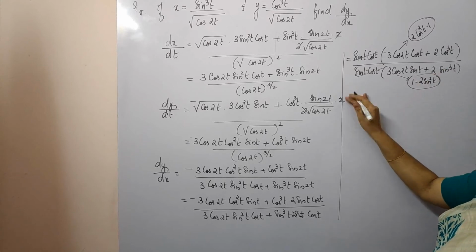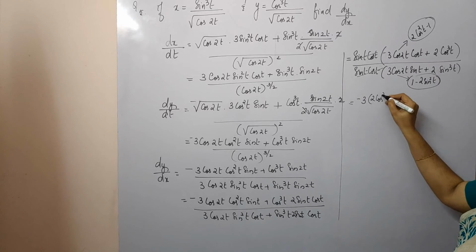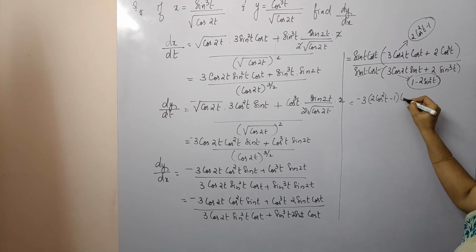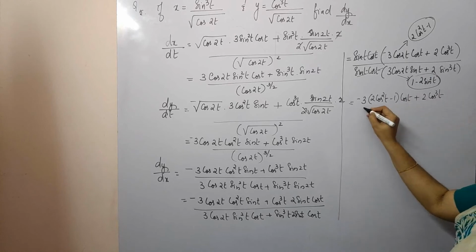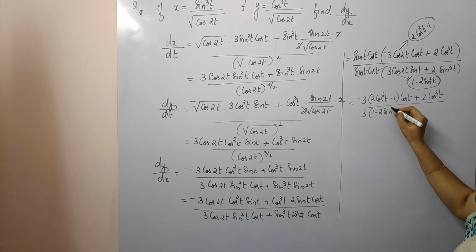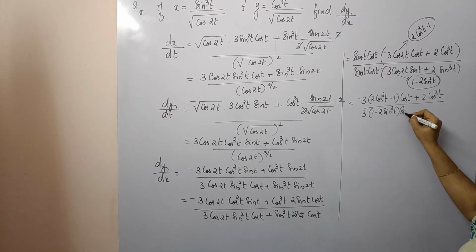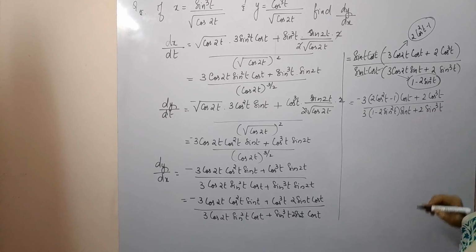So I'll get this as minus 3 into 2 cos square t minus 1 into cos t plus 2 cos cube t divided by 3 into 1 minus 2 sin square t into sin t plus 2 sin cube t. Clear?